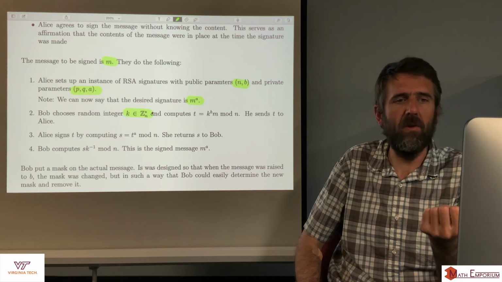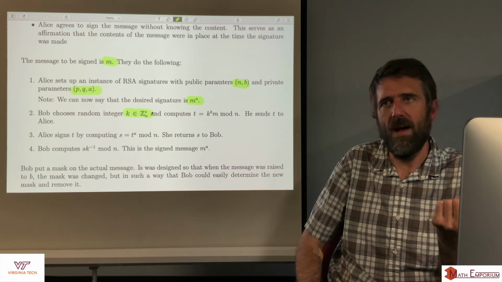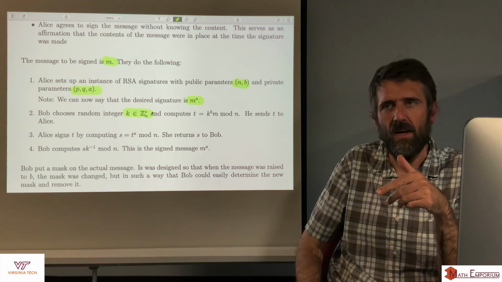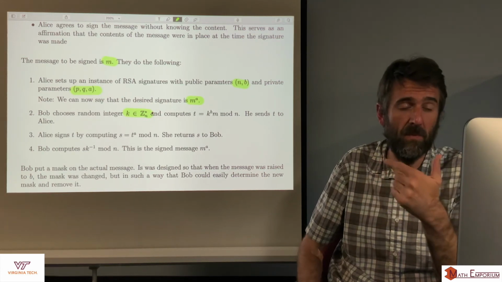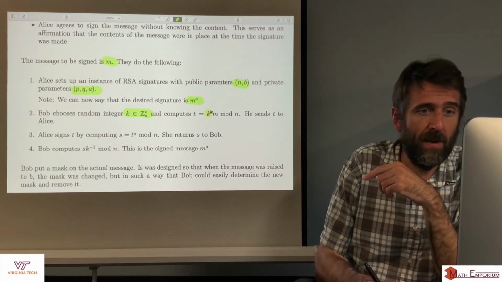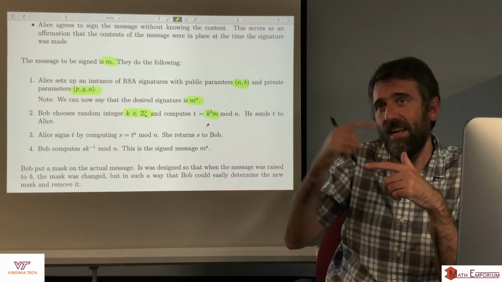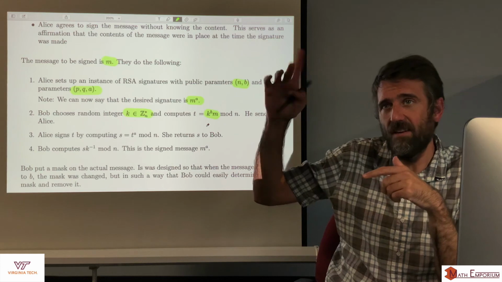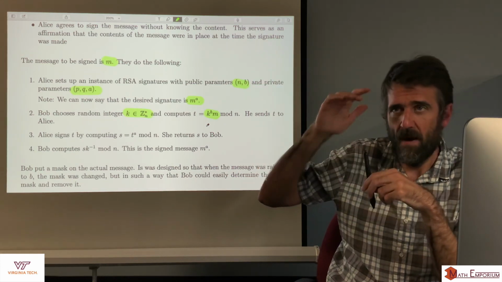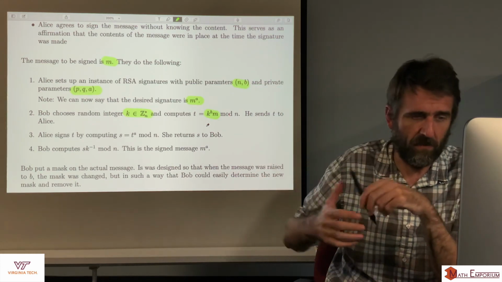So what Bob's going to do then is, in the message that Bob sends to Alice, multiply by k to the b instead of just multiplying by k. Because Alice is going to sign this by raising it to the a. By k to the b to the a, because b and a are inverse exponents of each other mod phi of n, it's actually going to reduce back to k.